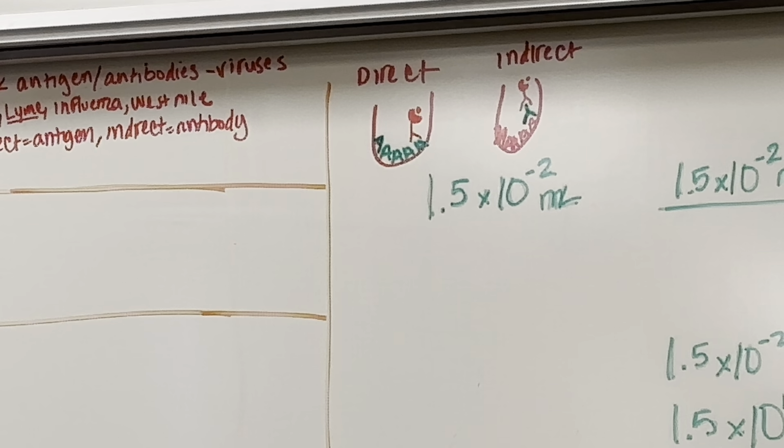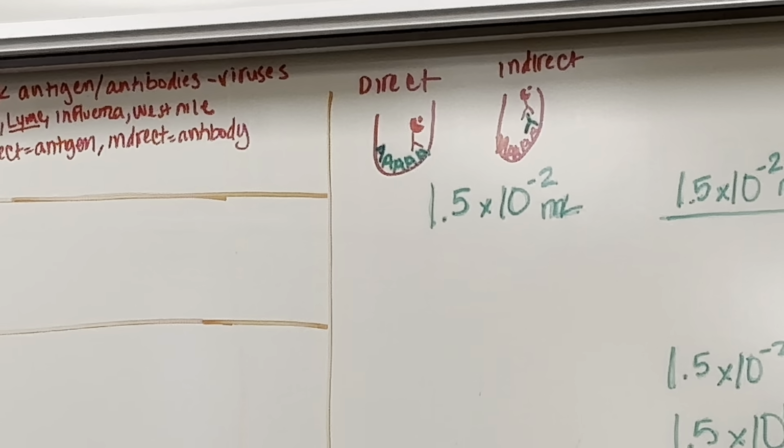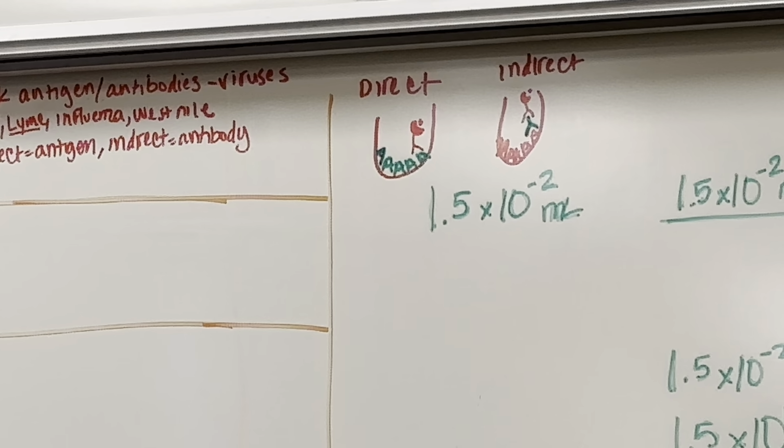The green are from the patient. The red is everything we bought. Yeah? So it seems like direct is going to tell you if you're currently infected, and indirect is going to be more like if you've ever been infected. That's a good point too, yes.